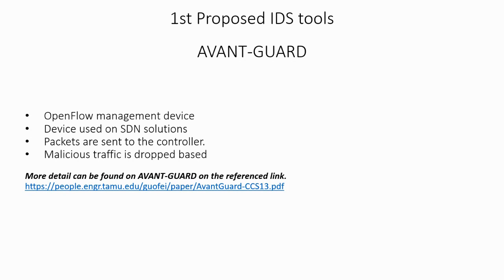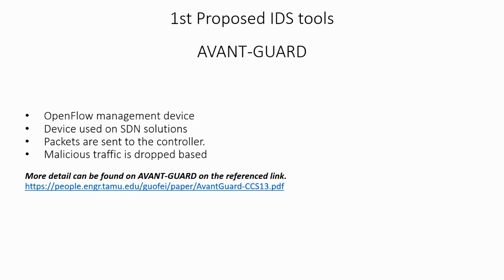The first IDS tool we want to look at is called EventGuard, as listed on the slide. EventGuard is an OpenFlow management device that is used to counter TCP SYN floods. It works extremely well with software defined network, which is SDN solutions. There is a set of predefined conditions and flow rules to drop packets in the event of a TCP SYN flood attack.